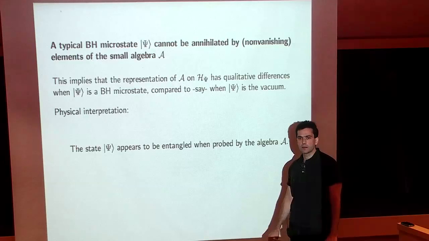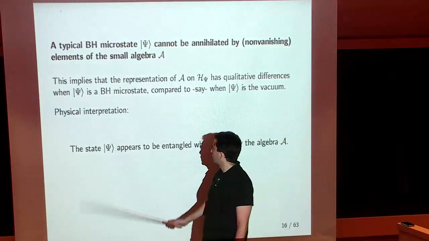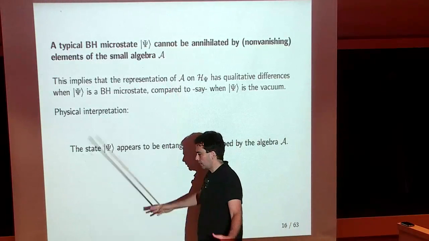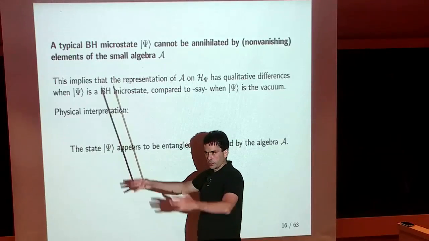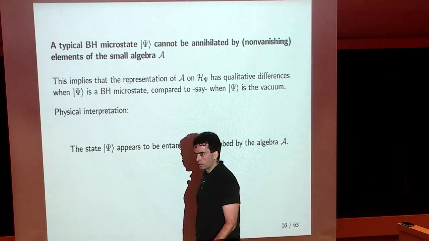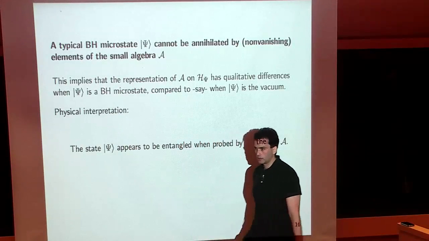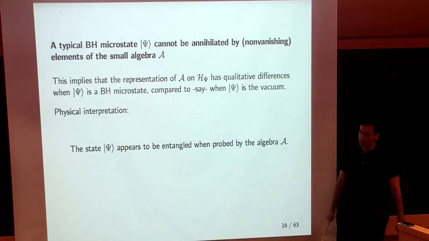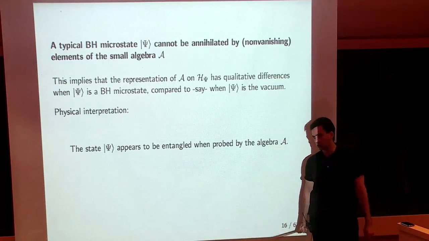Yeah, I think that before you form the black hole, probably this statement is not true, in the sense that if you have a collapsing shell, it will probably be easier to find annihilation operators. But after the black hole forms and the theory deconfines, I think it will be different.